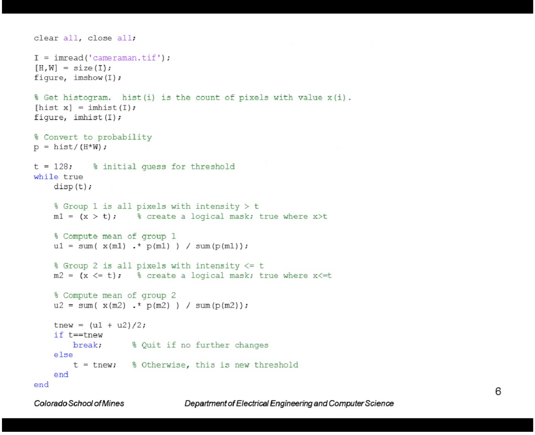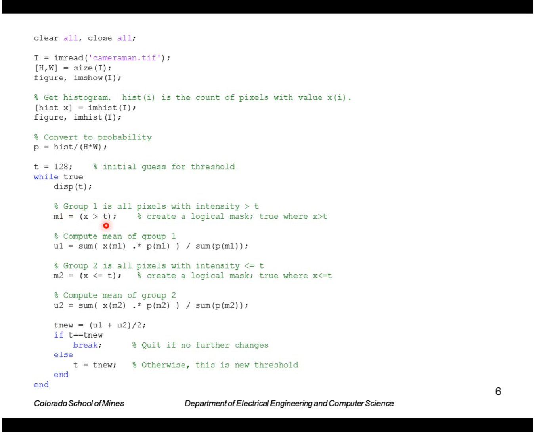Here's a simple program that does that. We read in the image, get the histogram, and convert the histogram to a probability PMF function by dividing by the number of pixels. Here's our iterative loop. We start with an initial guess for the threshold.